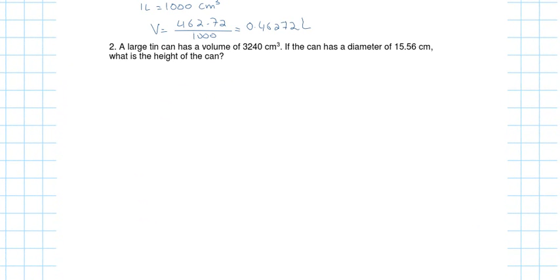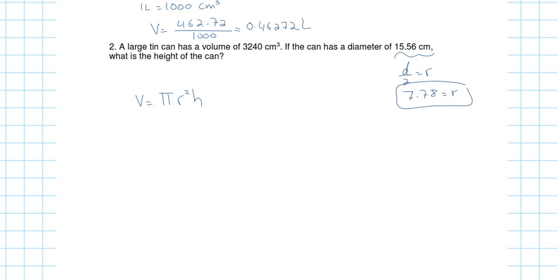Okay. You know the diameter, so where do you put that? Remember that you need the radius, so you're going to have to divide the diameter by 2. So that's going to be 7.78.